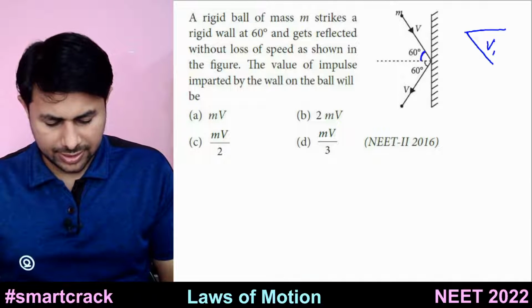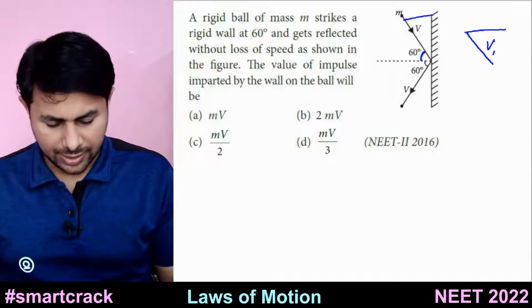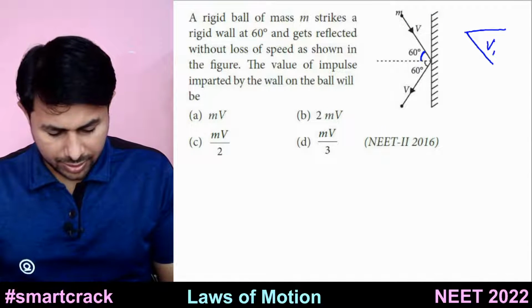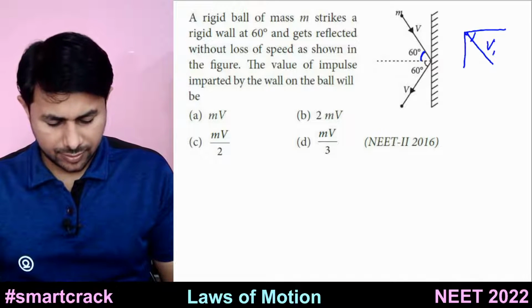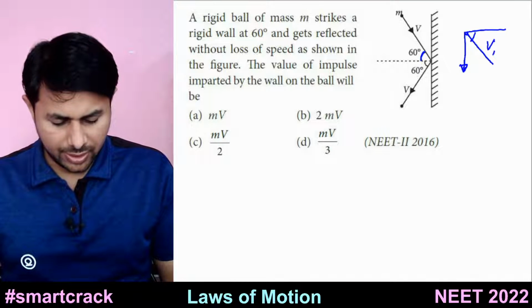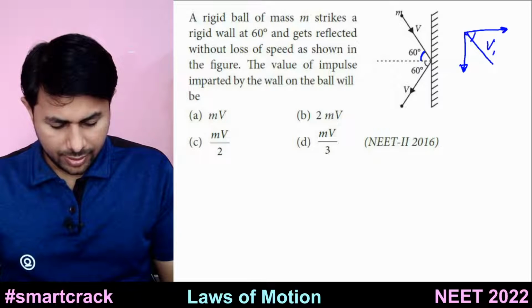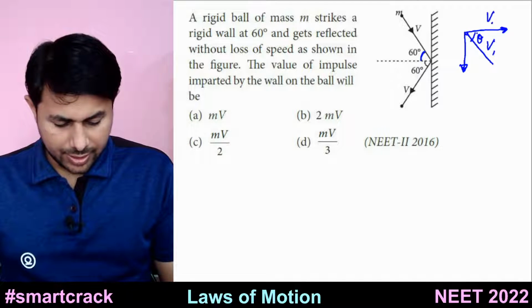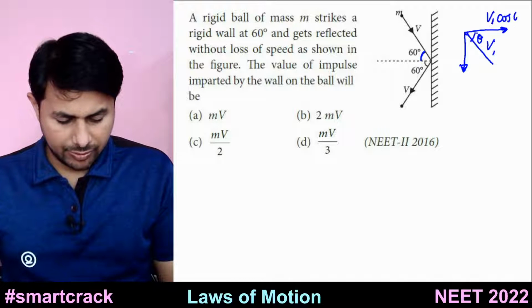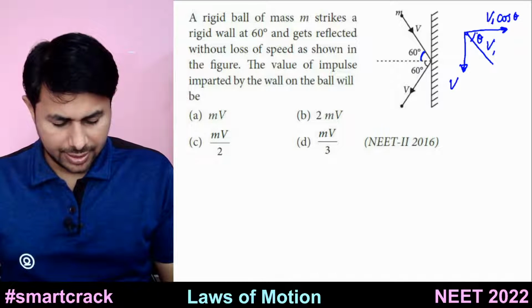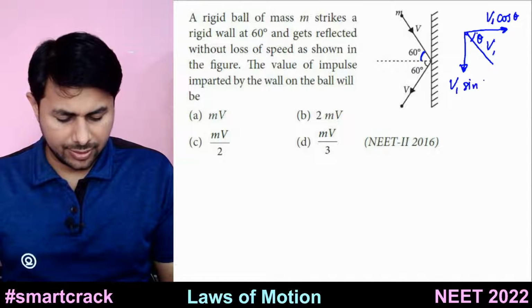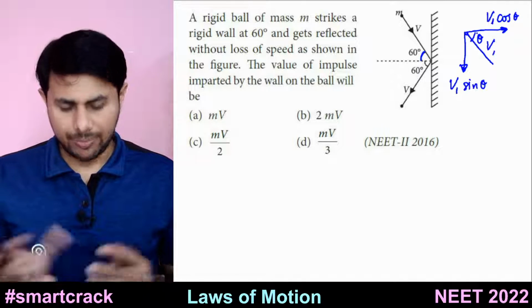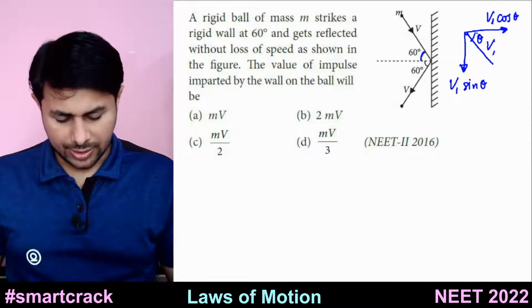If this angle is 60 degrees, this angle will be 60, right? Right now let's just call it theta. So this component will be v1 cos theta, and this component will be v1 sine theta. After reflection, it goes like this.